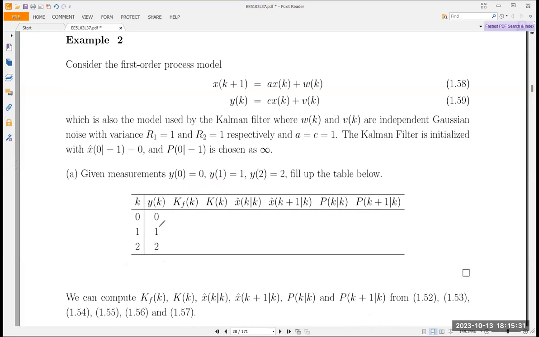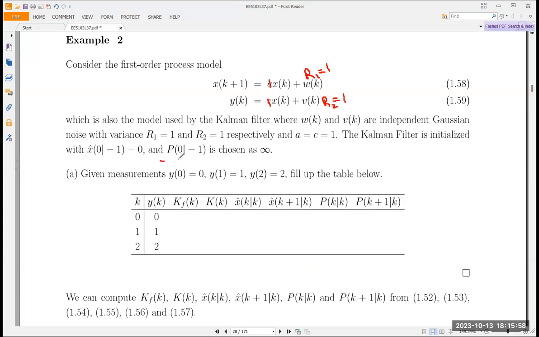So you have 0, 1, 2. Then you fill in the rest. Of course, for the process model, I give you an easy one. This is 1, this is 1. And R1 is 1, R2 is 1, which means the covariance of this noise is 1, the covariance of this noise is also 1. So everything is 1, so it's easy.